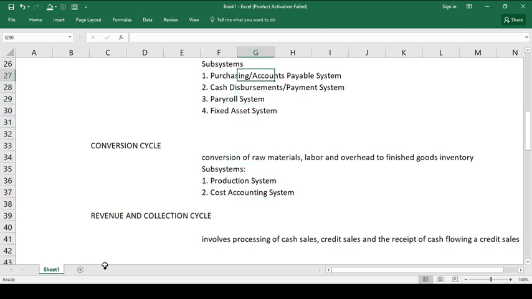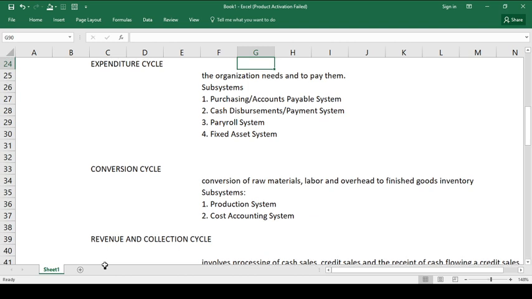This is just the introduction. So, as we go on, our focus will be the expenditure cycle, the conversion cycle, and the revenue and collection cycle. Take note of that.